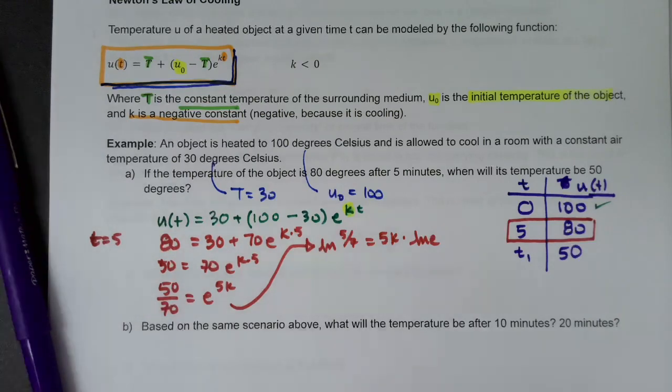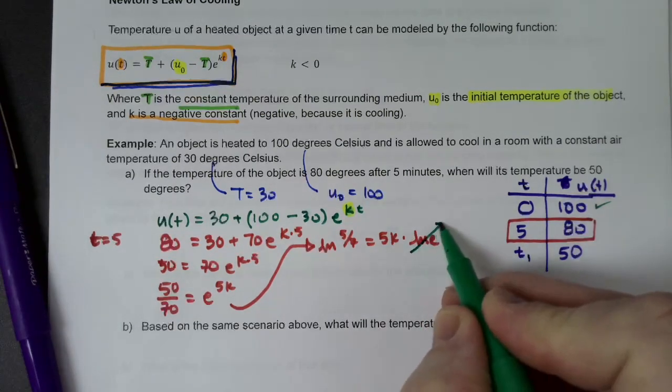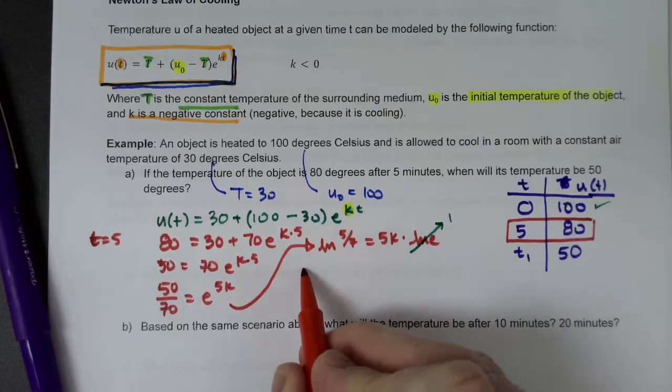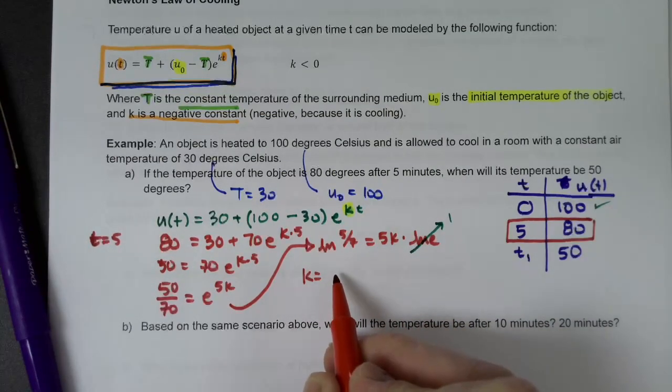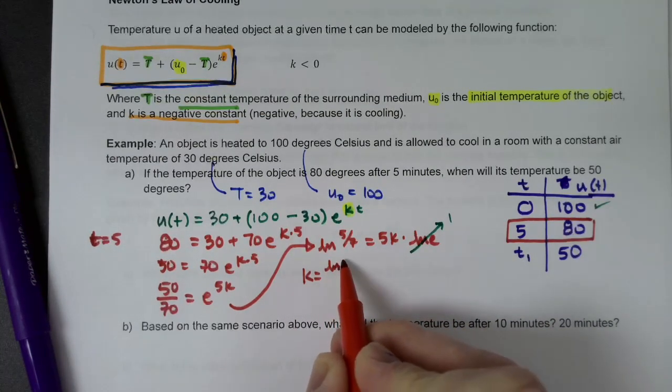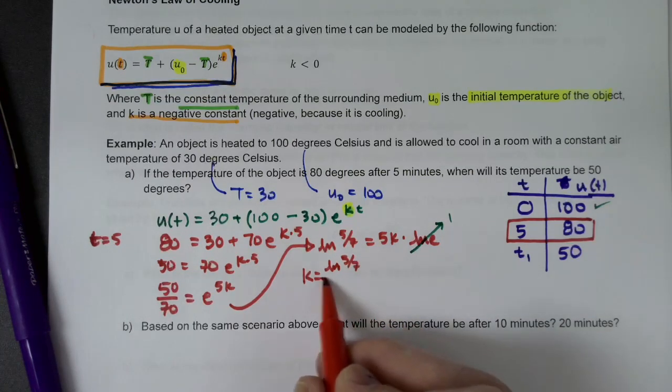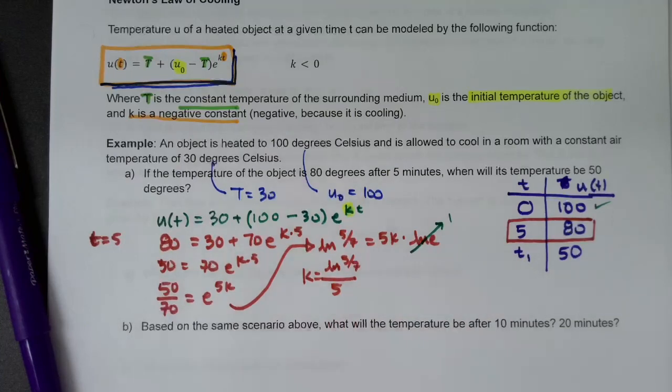And we got a little gift here because the natural log of e is 1. So we can solve for K by dividing both sides by 5 and write K equals the natural log of 5/7, close your parentheses on your calculator, and then divide all of that by 5.